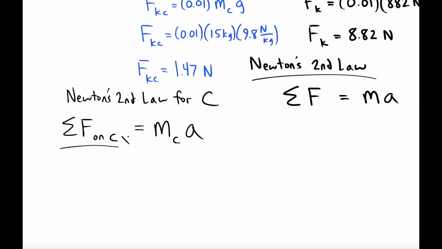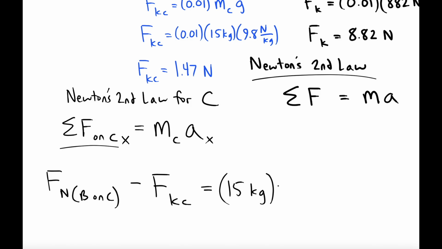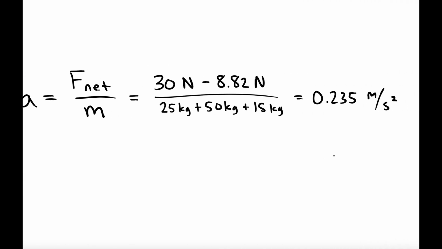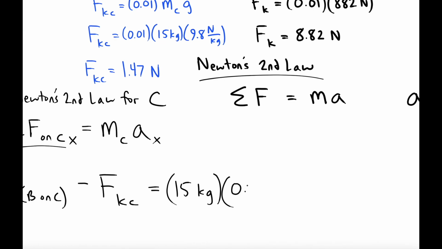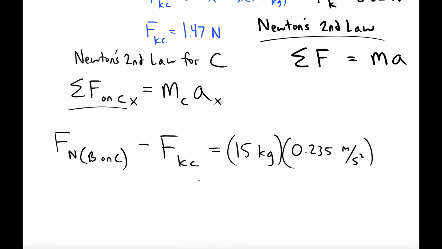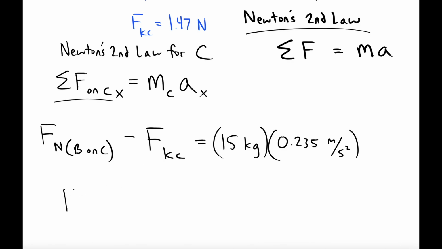So we really only care about the x direction here. So there's an unknown push of B on C. We do know the friction amount, and we know C's mass is 15 kilograms, and we know its acceleration now too because we calculated it earlier. Plug in the friction amount.